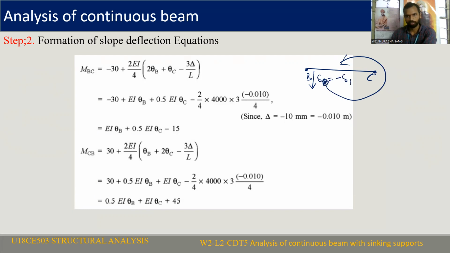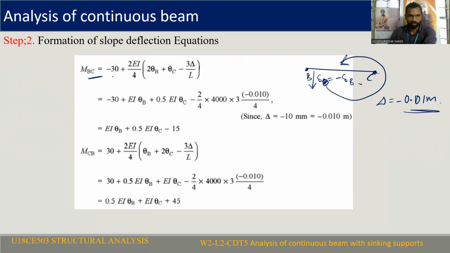With respect to the right support, the left support is settling down, so the anti-clockwise effect will be considered negative. In the case of the BC span, we consider minus 0.01 meters.